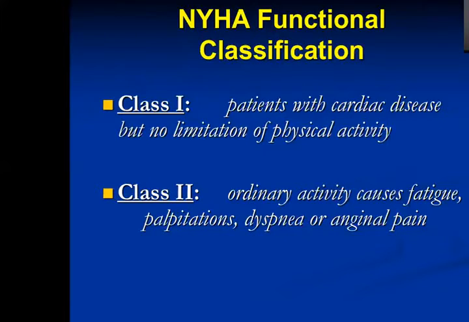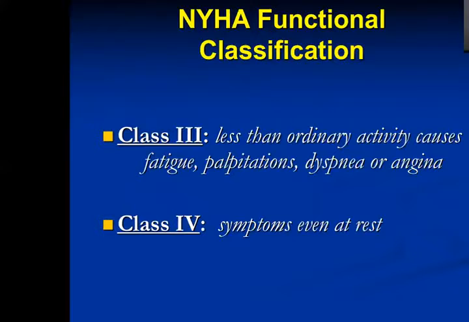Class 1: patient with cardiac disease, but no limitation of physical activity, having no symptoms on routine activity. Class 2: ordinary activity causes fatigue, palpitation, dyspnea, or angina pain. Class 3: less than ordinary activity causes fatigue, palpitation, dyspnea, or pain. And class 4 is symptoms at rest.